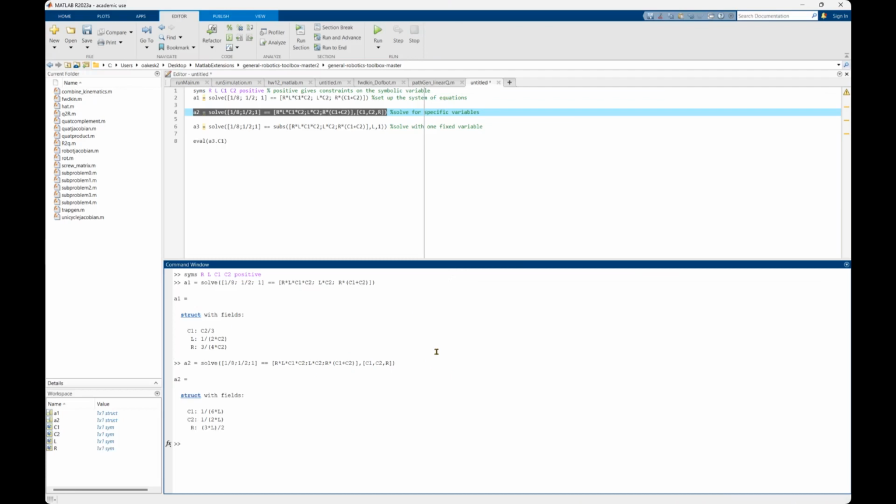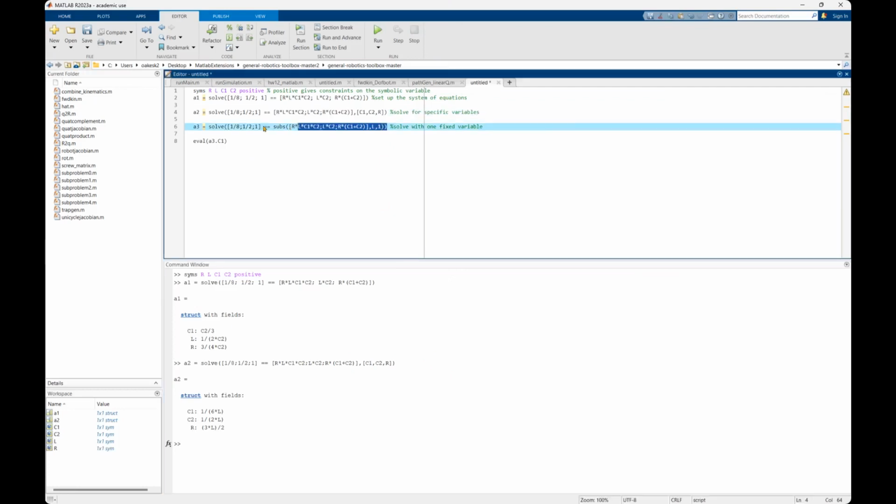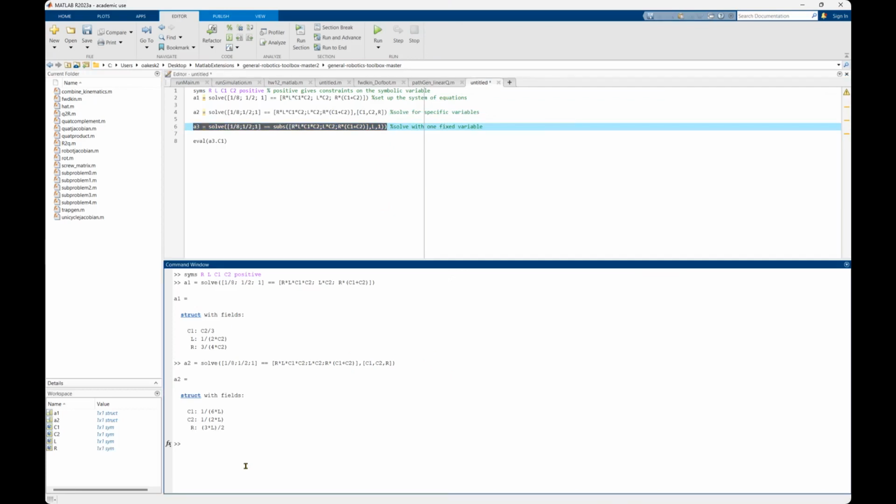And then if you had, say, a specific value of L that you were interested in, there's subs. Right, so subs here allows you to take a symbolic expression, which is this first argument, and you're saying in that expression, everywhere I have an L, I want you to substitute in the value of 1.